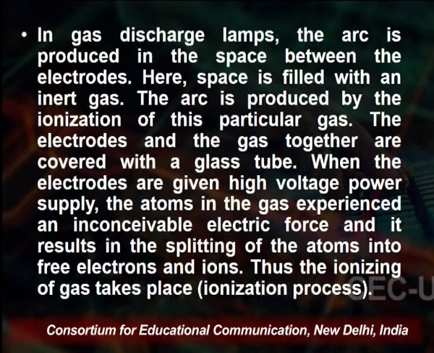When the electrodes are given a high voltage power supply, the atoms in the gas experience an intense electrical force, which results in the splitting of the atoms into free electrons and ions. This is the ionization process.